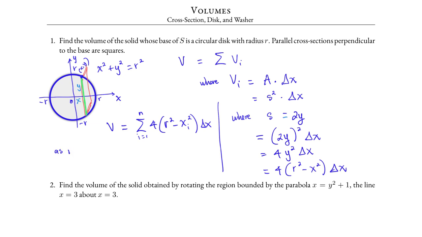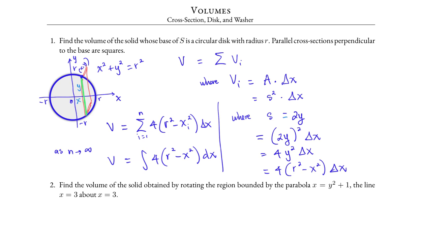As n goes to infinity, we would obtain the exact volume in the form of the integral of 4 times r squared minus x squared. The delta x is now dx.